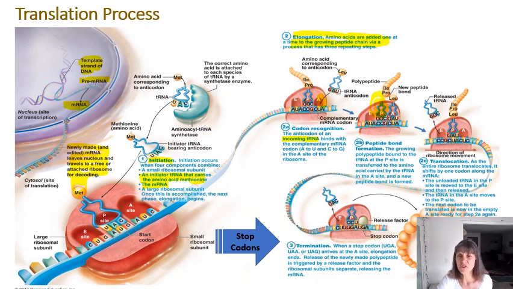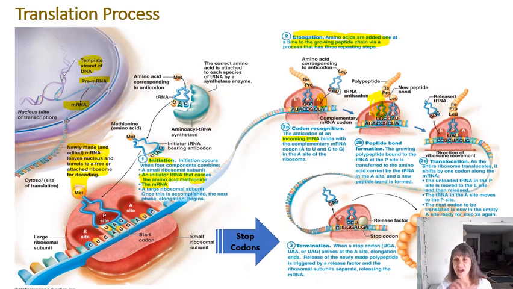So the new polypeptide goes over or bonds to the right, and then the empty transfer RNA molecule is going to shift over to the E site on the large ribosomal subunit, and it will then be released. And that's what we refer to as translocation.